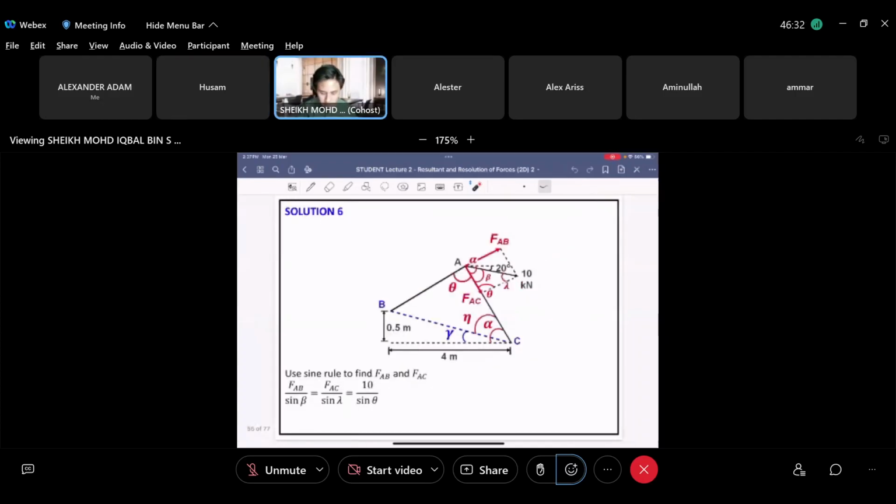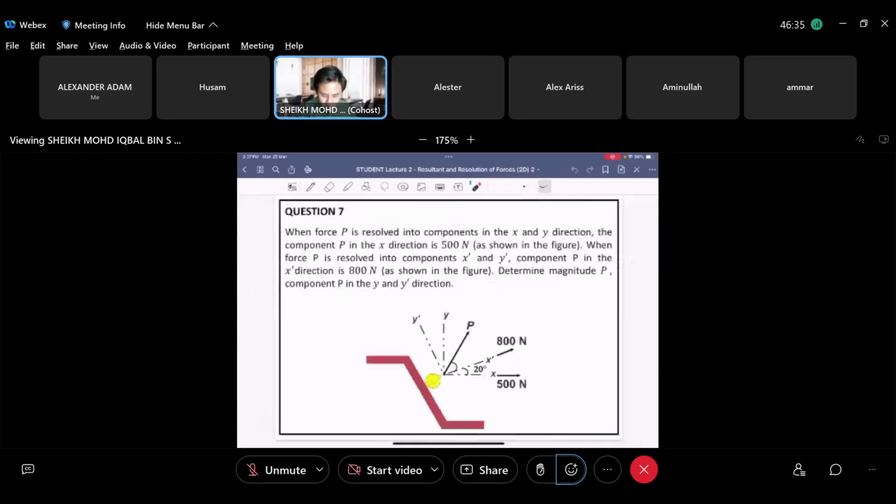Okay, so that's it for solution 6, right? So right now, what we are doing is just calculating the resolving. We're just trying to break apart the resultant forces. All right. So for question 7, when force P is resolved into components in the x and y direction, the component P in the x direction is 500 Newton.